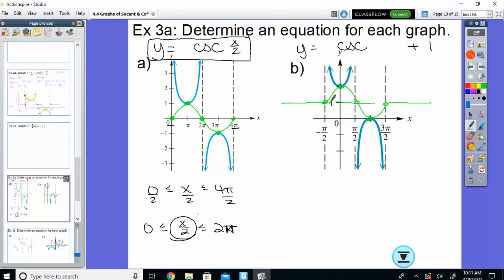Amplitude. From this line, we went 1 above and 1 below. So did we change our amplitude? No. Let's look at the interval. This one went from negative pi over 2 to 3 pi over 2. This needs to start at 0. How would you turn negative pi over 2 into 0?